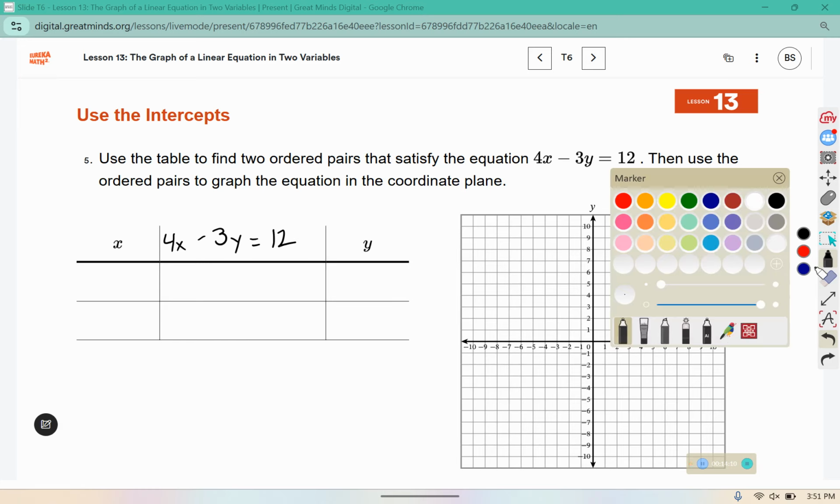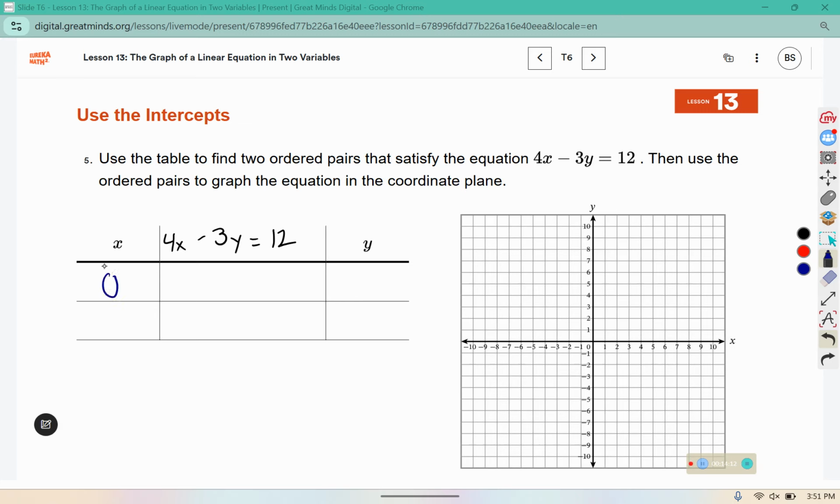Again, I told you I like to use 0 as one of them in these cases because multiplying by 0 is simple. Four times 0 is 0, so I'm just left with negative 3y equals 12. And then I can divide both sides by negative 3. Y equals negative 4. So 0, negative 4.